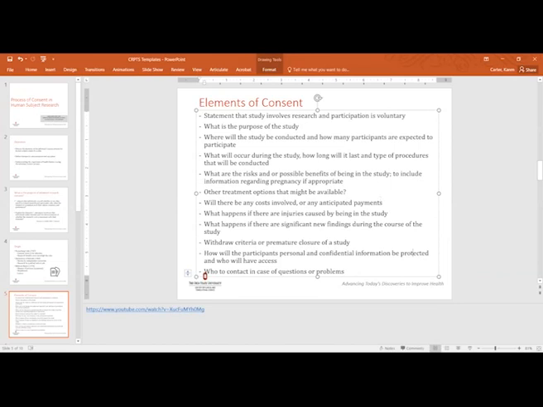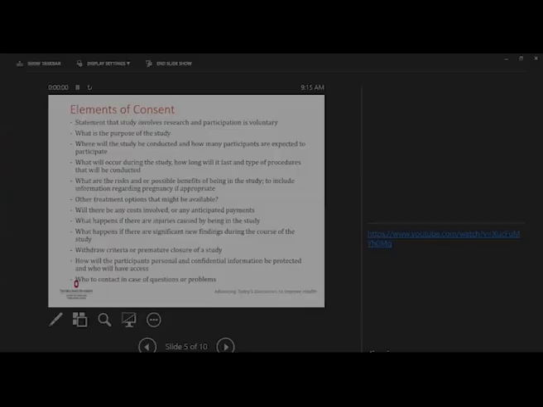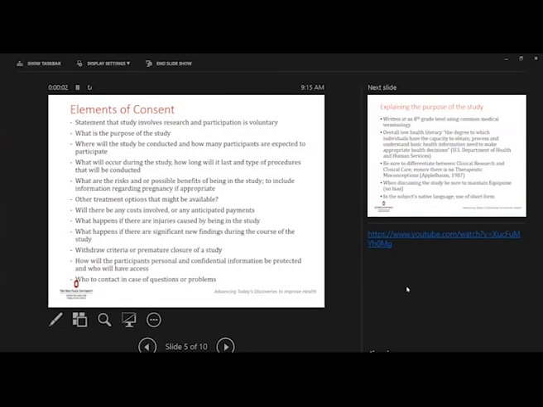So you can see here the elements of consent. She talked about the purpose of the study. She also went through where the study would be conducted and what the risks were, and she hit on those elements of the consent. However, what she wasn't doing was listening to the individual as to what her concerns were.